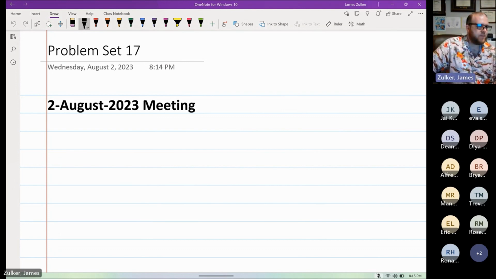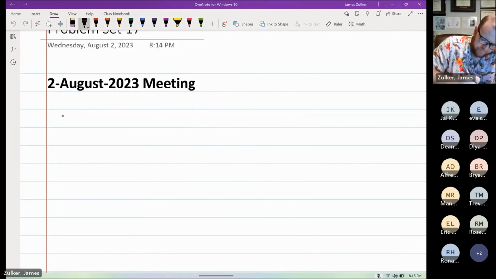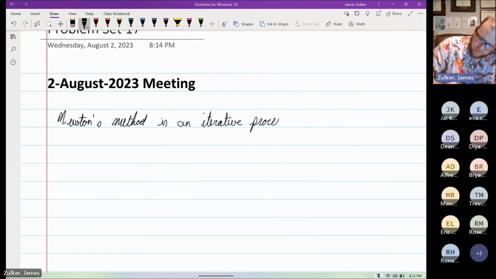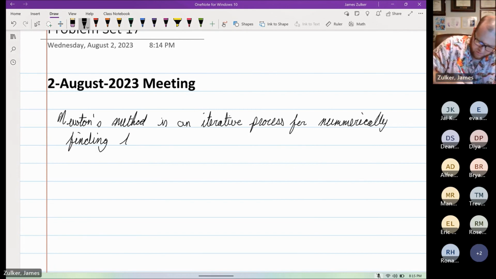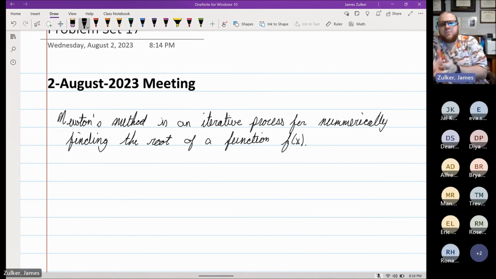Newton's method. So Newton's method gives us an iterative process for numerically finding the root of some function.